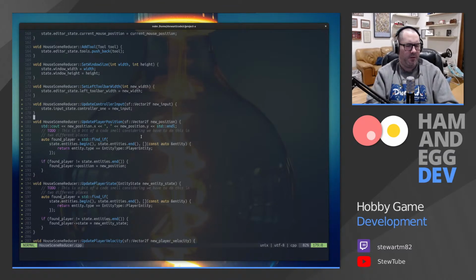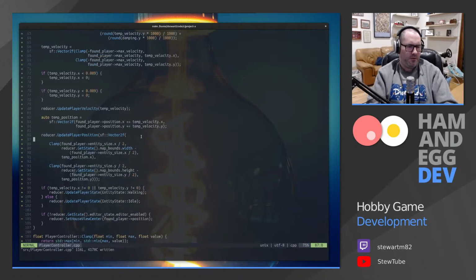So, because of this width thing. Right. Yeah. 16 multiplied by 4.